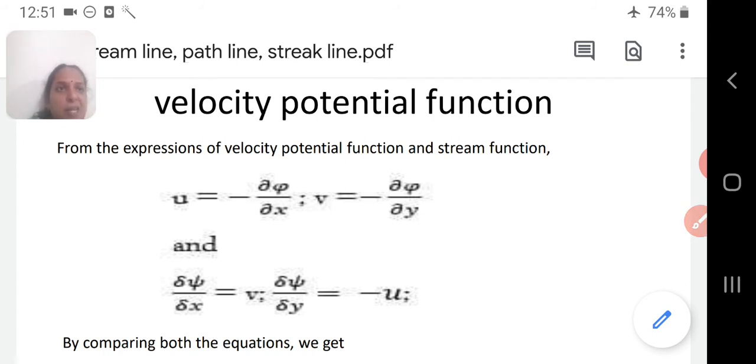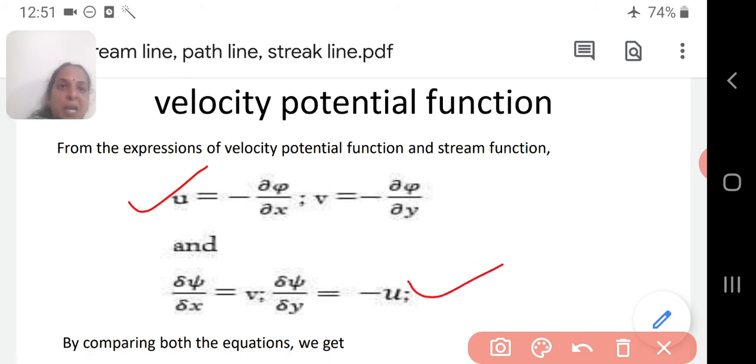Let us see here. Take the case of u. What is u here? Minus ∂φ/∂x in terms of the velocity potential function. And u is also minus ψ... it is ∂ψ/∂y in terms of the stream function. So from this we observe that ∂ψ/∂y is equal to ∂φ/∂x.